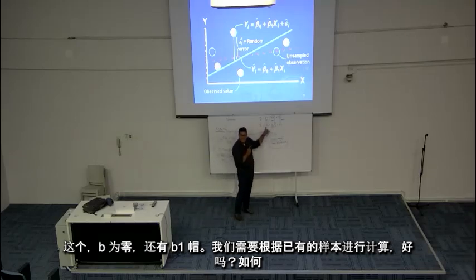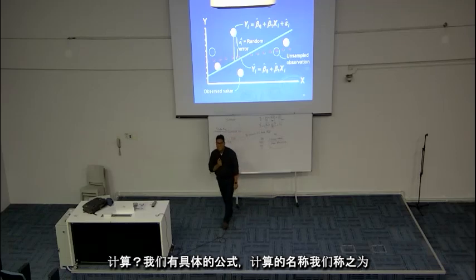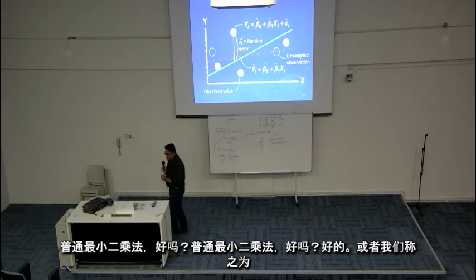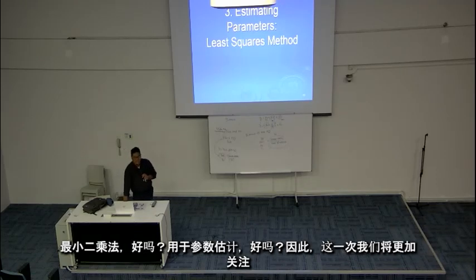We need to calculate them from the sample that we have. We have a specific formula, and the name for the calculation is the ordinary least squares method, or we call it the least squares method, for estimation of the parameters.